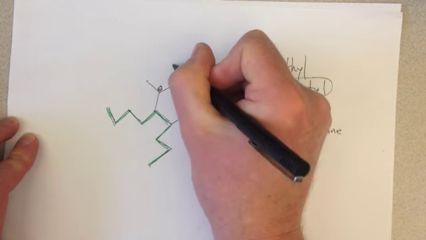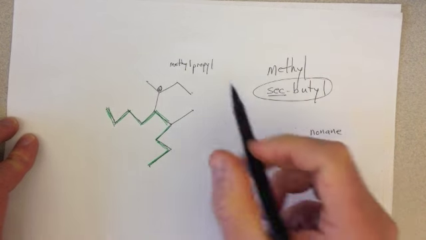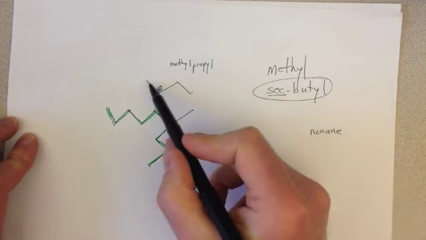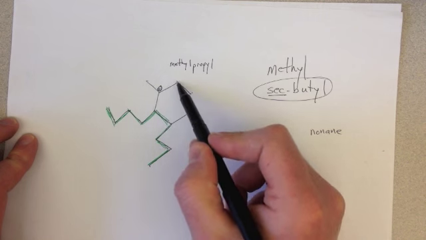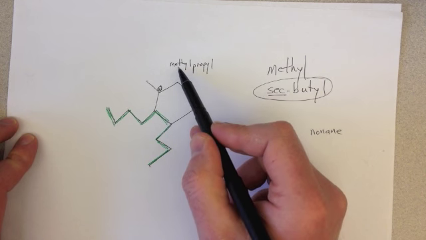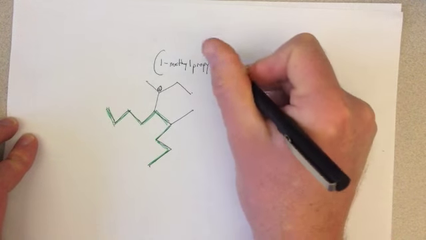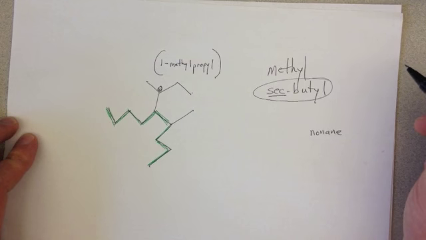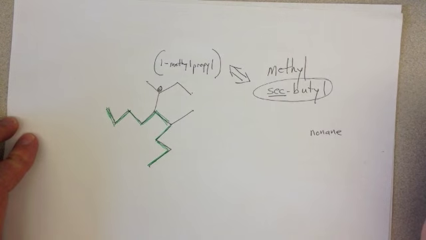So we can call this a methylpropyl group. And I have to tell you where this methyl is. One way to reassure yourself you have to number this methyl is to ask, could this methyl be somewhere else? Well, it could be poking out here, and that would be a totally different type of group. So yeah, we're going to call this a 1-methylpropyl group. Put that whole thing in parentheses as a complicated substituent. So really, a sec-butyl group is the same thing as a 1-methylpropyl group.